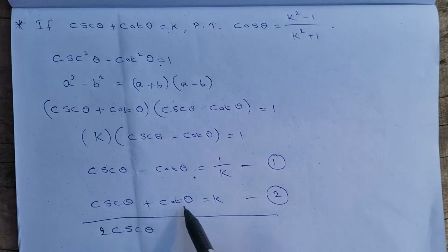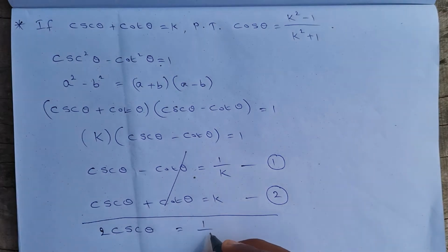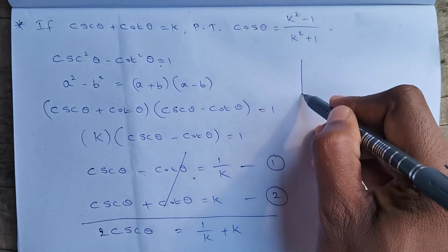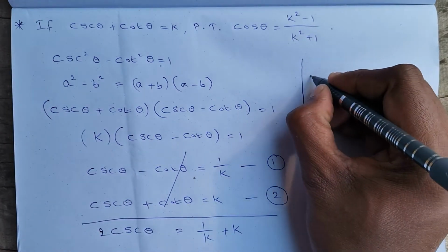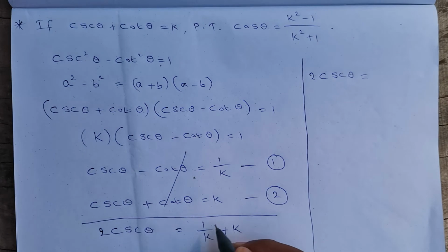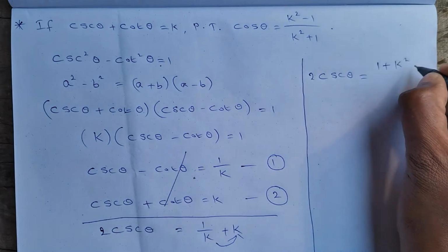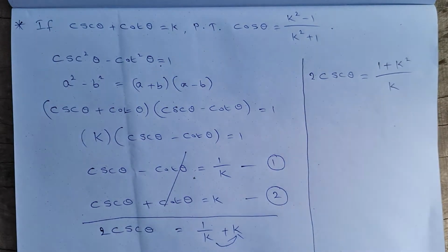Minus cot theta plus cot theta, both get cancelled, which is equal to 1 by k plus k. Now the left side I am writing as it is. 2 cosecant theta is equal to (1 plus k square) divided by k.